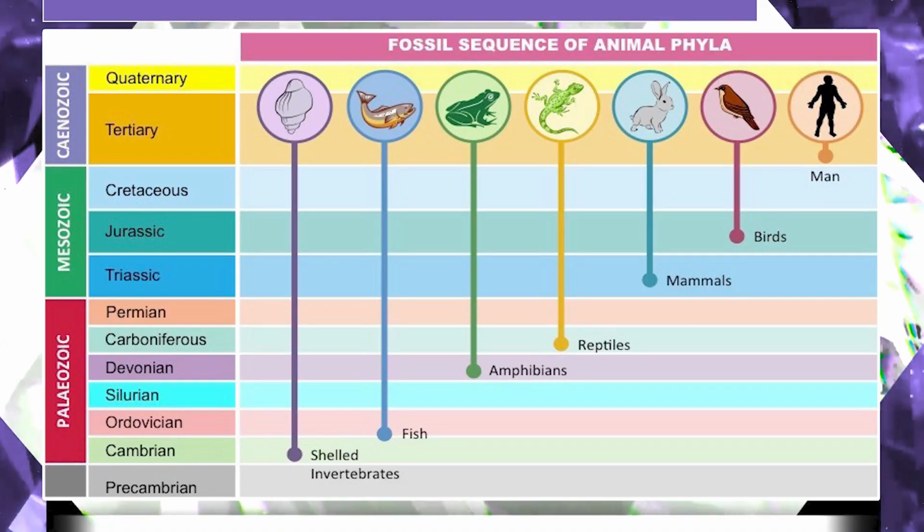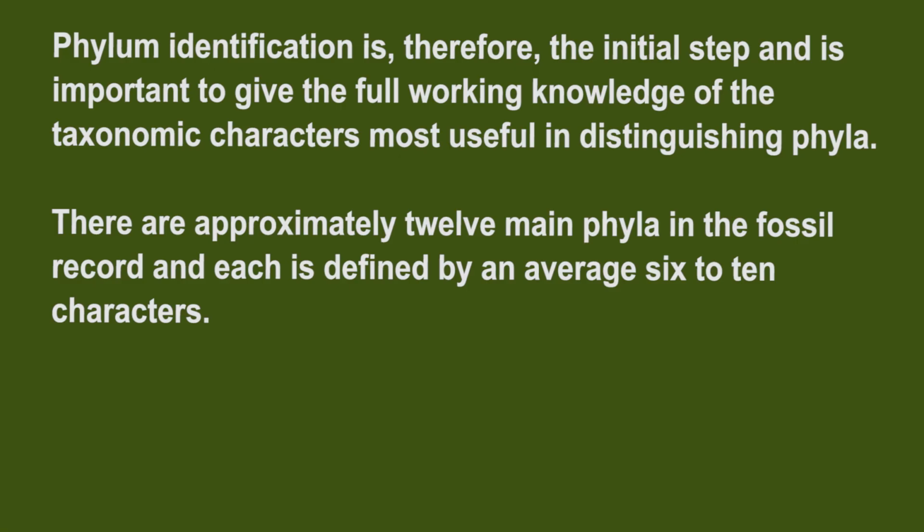Phylum identification is therefore the initial step and is important to give a full working knowledge of the taxonomic characters most useful in distinguishing phyla. There are approximately 12 main phyla in the fossil record, and each is defined by an average of 6 to 10 characters.